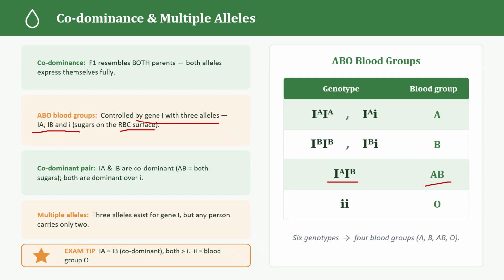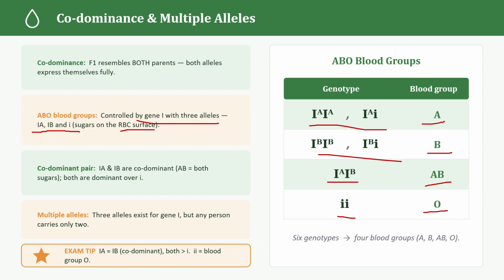And if only A is there, A is produced. If B is there, B is produced. If no sugars are there, it is O group. Okay, children. So what we can prove here is that IA and IB are codominant and both are dominant over i.